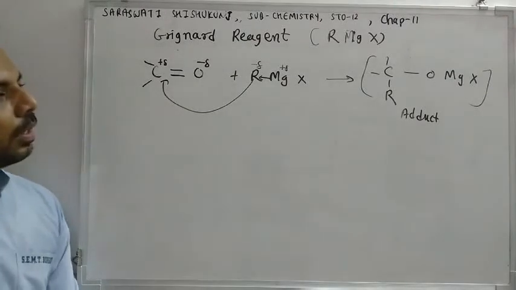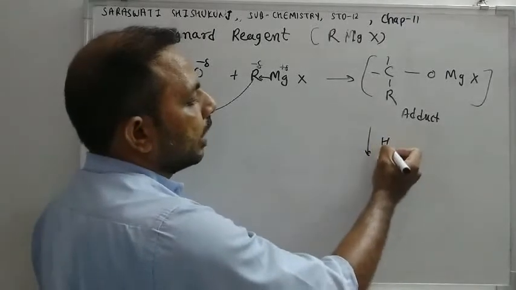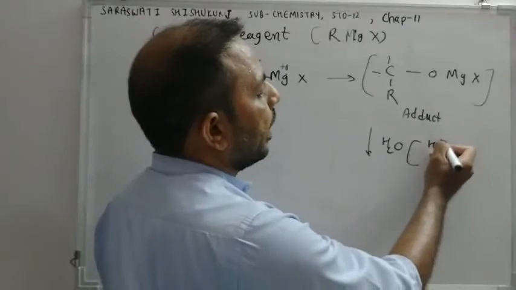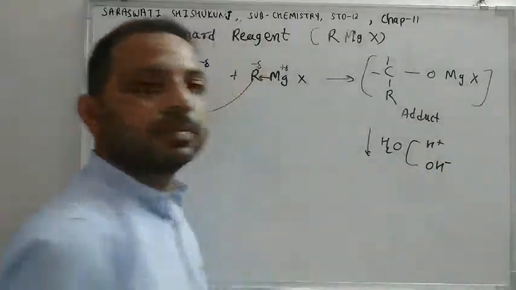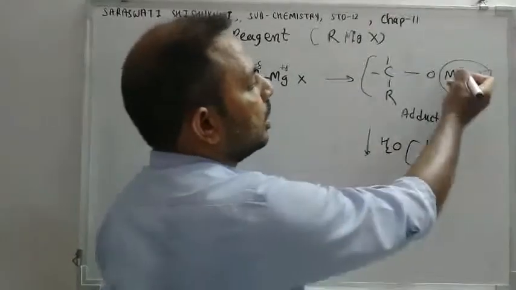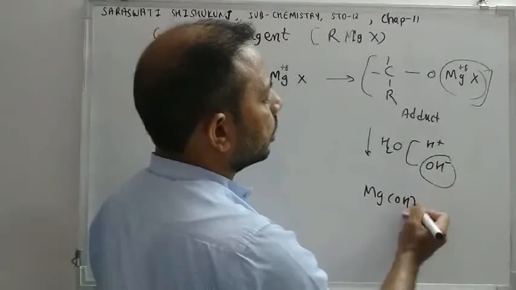Now the second step is hydrolysis. So H2O is there, and for hydrolysis we write H2O in the form of H plus and OH minus. So Mg will gain OH minus because Mg has positive charge. So we will get MgOHX.